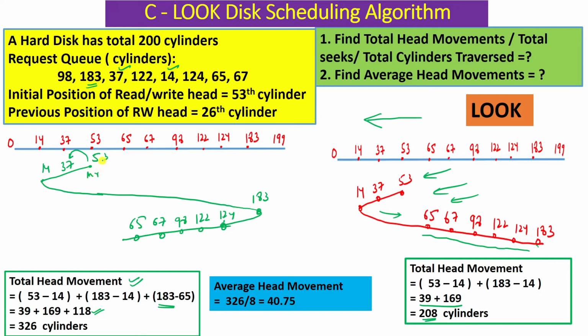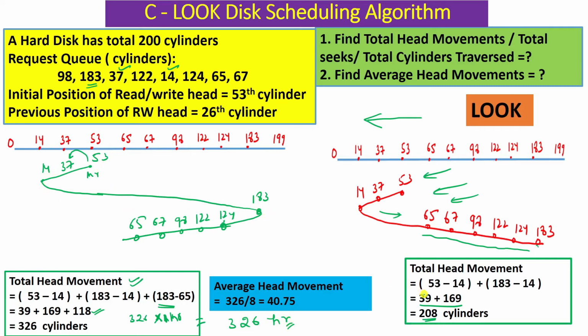Let's say from 53 to 52, it takes 1 hour, and 52 to 51 takes 1 hour. So in that sense, if I move from 53 to 65 according to the CLOOK algorithm, in total we have 326 tracks to traverse. That means 326 times 1 hour, so we will take 326 hours to fulfill all these requests.